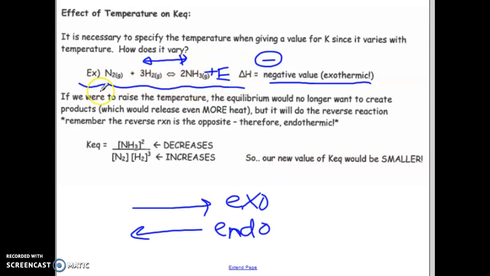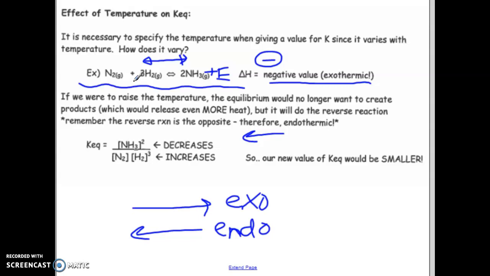The reverse would be using that energy to absorb into the product to create our reactant again. So if we were to increase the temperature, the rate of reaction would increase for the reverse reaction. It always will do, so when we look at the next lesson, this will make even more sense. An equilibrium wants to resist a change that is happening to it.